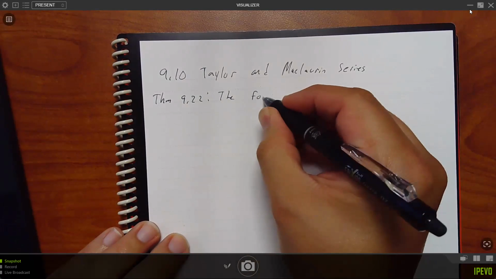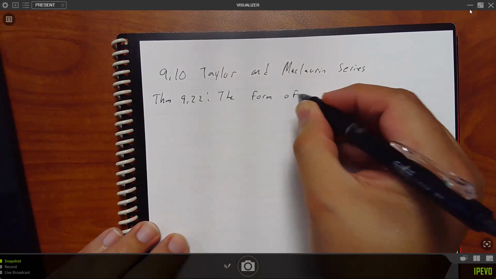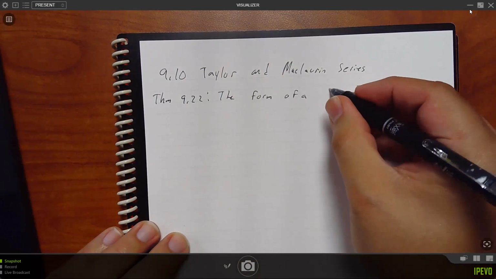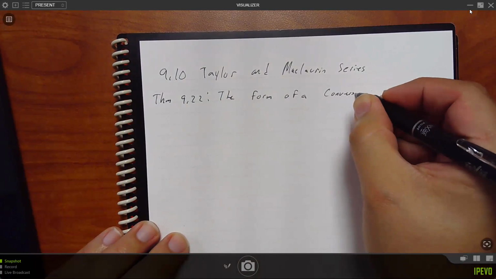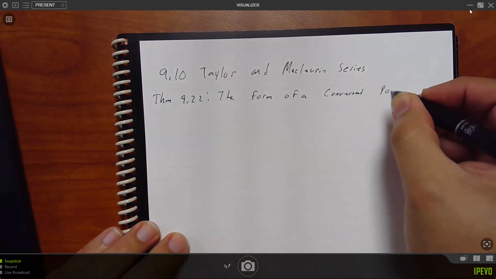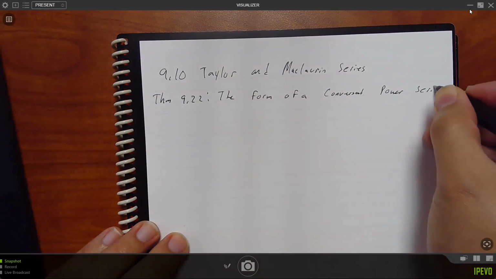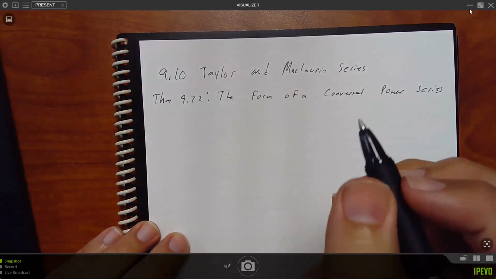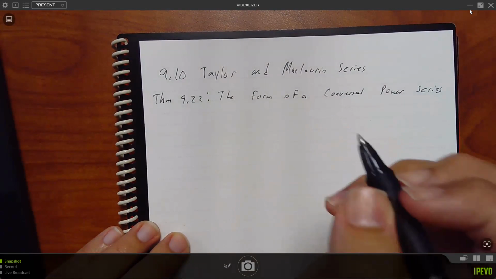So the form of a convergent power series is the title.